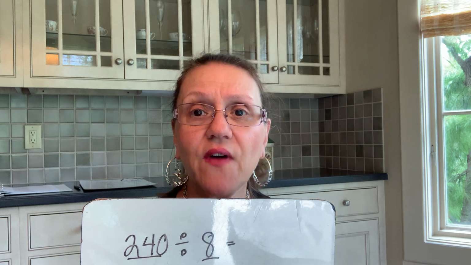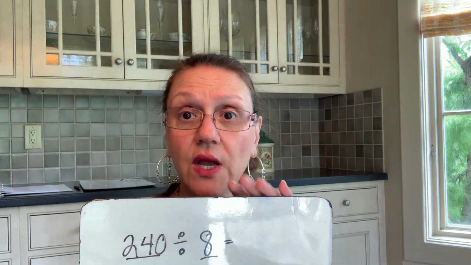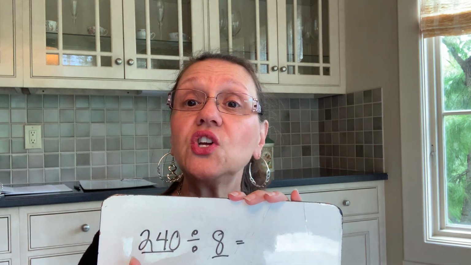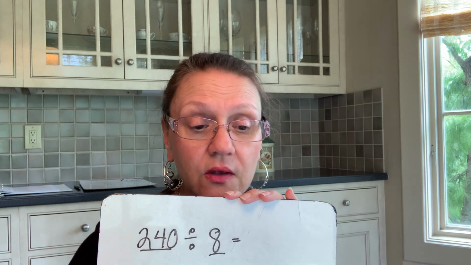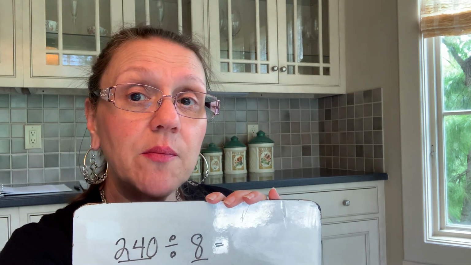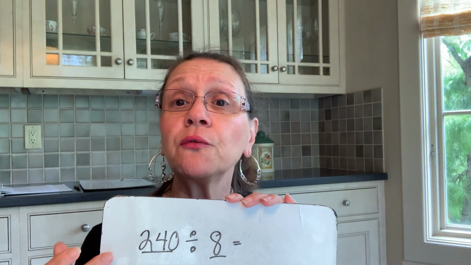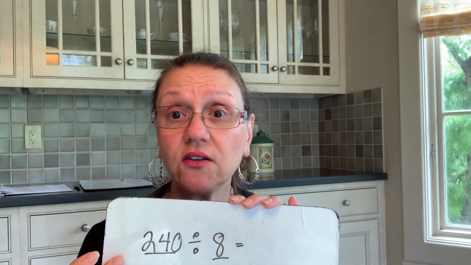Is there a basic fact in here that you could use the tens trick in reverse? What I like to do is I underline the basic fact, which is 24 divided by 8. So 24 is divided by 8 3 times. And I can do this because 240 is a multiple of 10, and I have a basic fact.